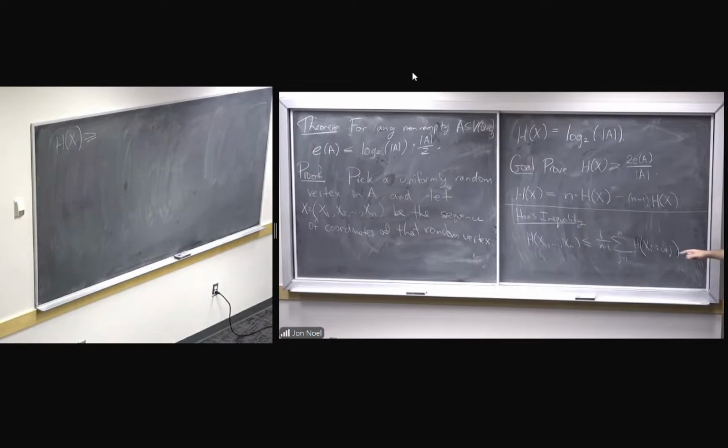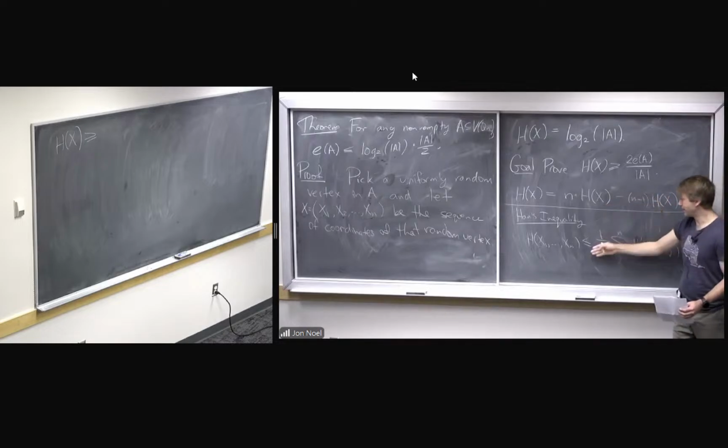I'm going to plug this thing in for this h of X, and this one stays the same. That gives me a lower bound, because that was an upper bound here.